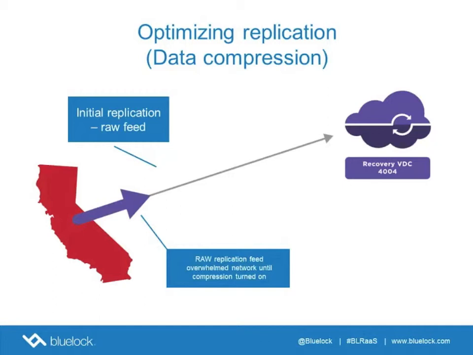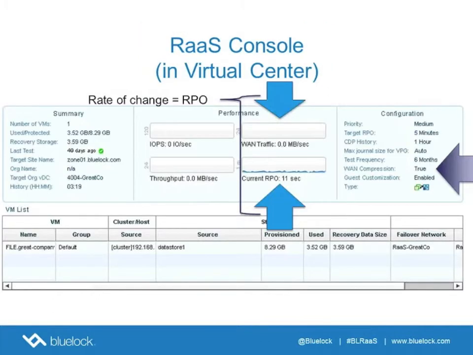So after some analysis and taking a look at this, we decided, okay, what we need to do here is to leverage the WAN compression to make sure that changes are not being shipped that don't need to be shipped across the wire. Oftentimes the trade-off in WAN compression is compute. So it was just a choice of whether or not to take more CPU on both sides versus more bandwidth. In this case, it was a better trade-off to use CPU to generate the WAN optimization.